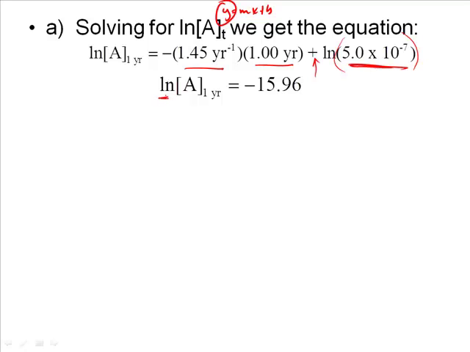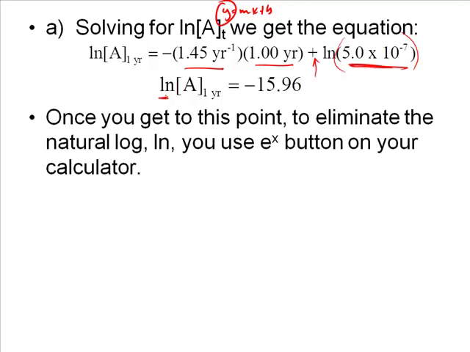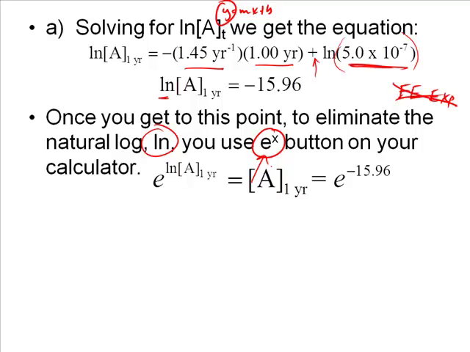But again, we don't want the natural log of the concentration of A, we want just the concentration of A. So you have to take the opposite of natural log, which is the e to the x button. It's not the double E, it's not the exp button. It should be right above your natural log button, and it looks like an E with an X. If you take e to the natural log of something, they cancel each other out.